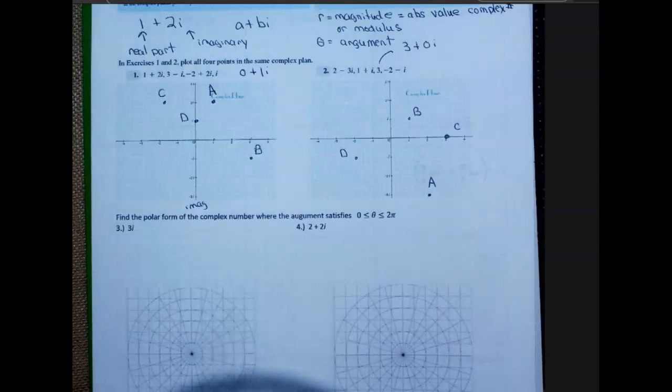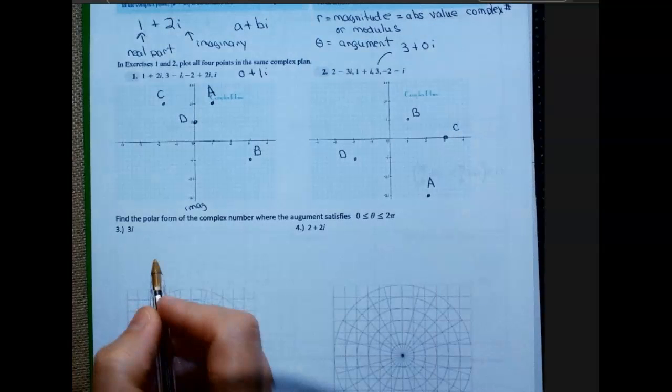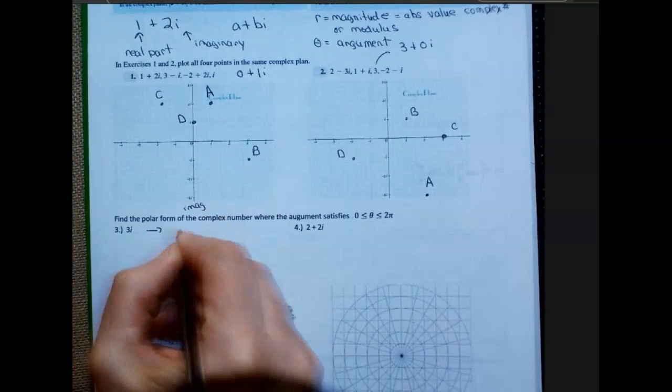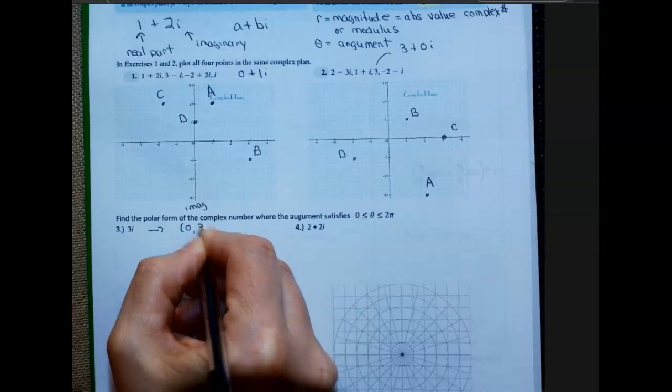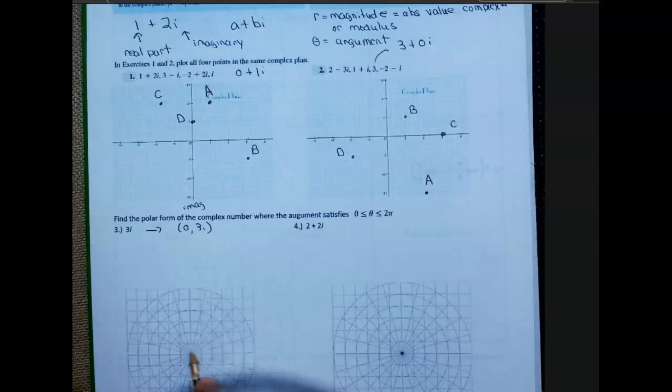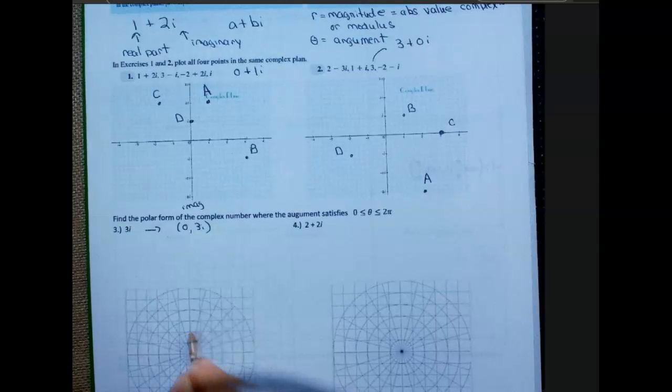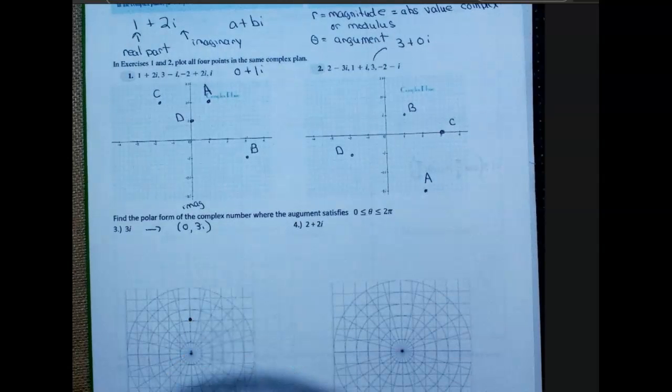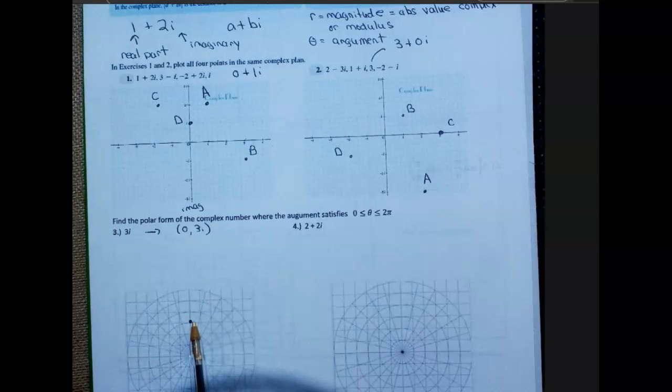Okay, let's take a look at the first one. If I want to graph it just like we did up here, this becomes 0, 3i. So we're starting at the origin, I'm not moving any left or right, and I'm going up 1, 2, and 3i. What I'm trying to point out is that it doesn't matter whether it's in polar form or imaginary form, I should still end up at the same location.